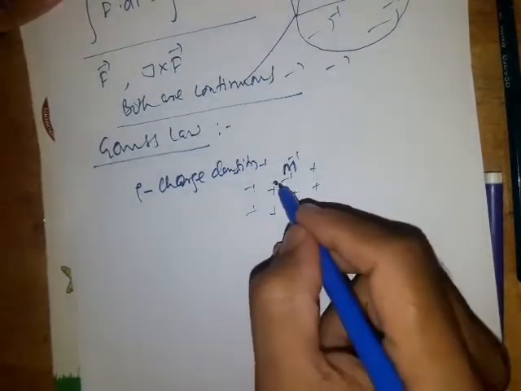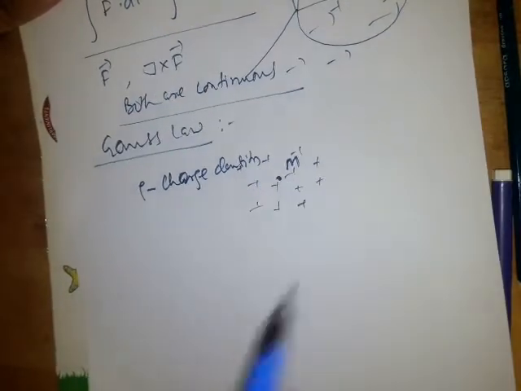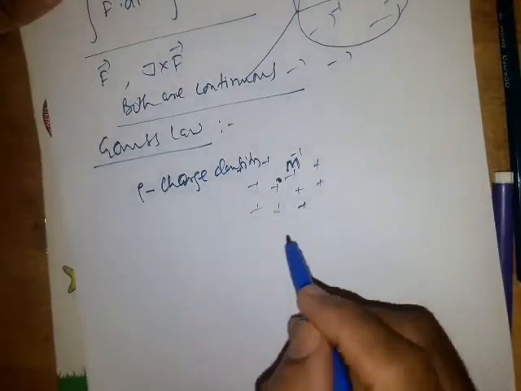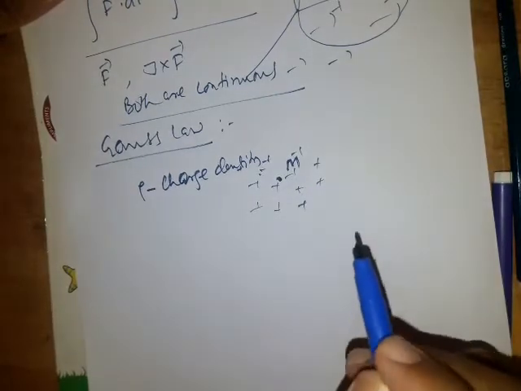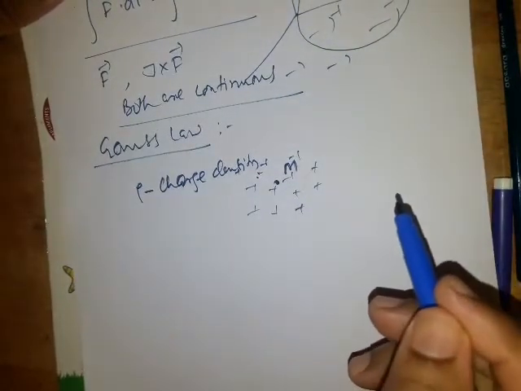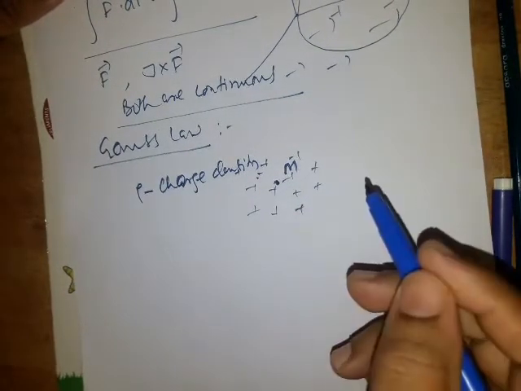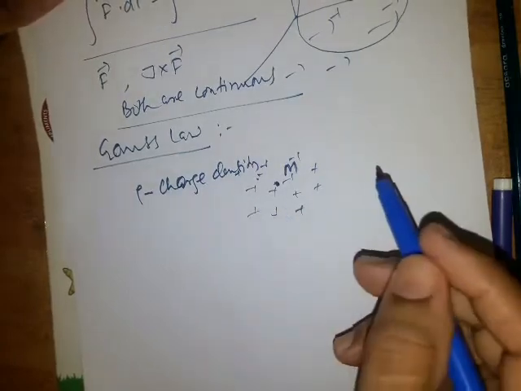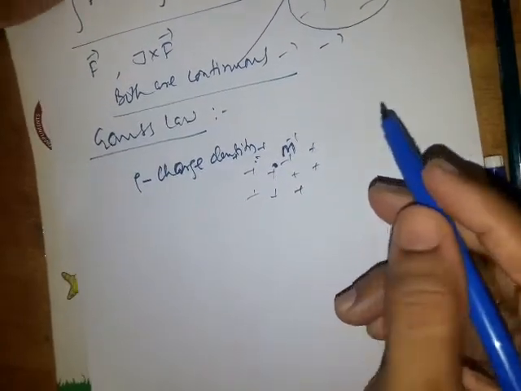Now, whenever there are charges spread in the space, it leads to an electric field. So let's see how this electric field and charge density are related.